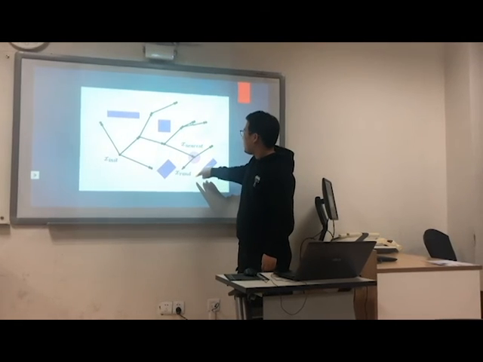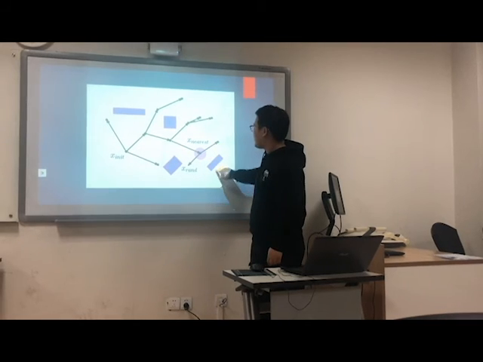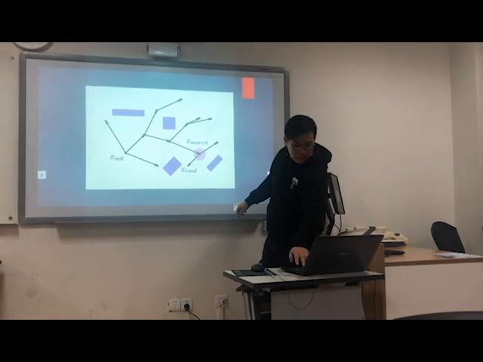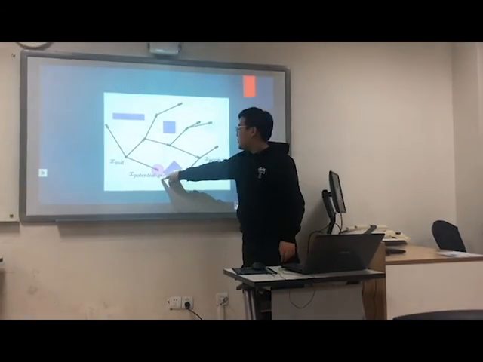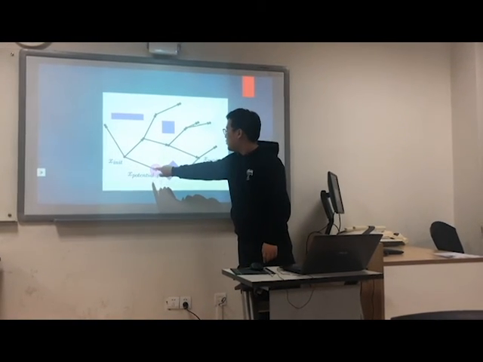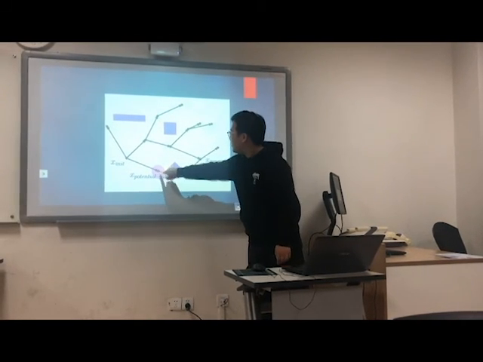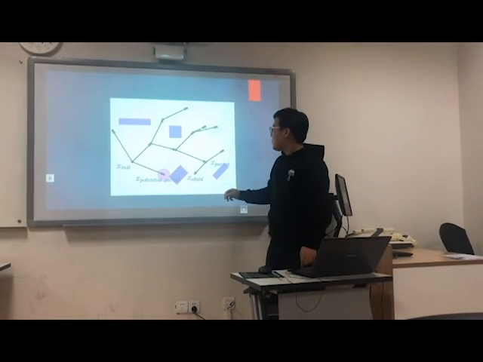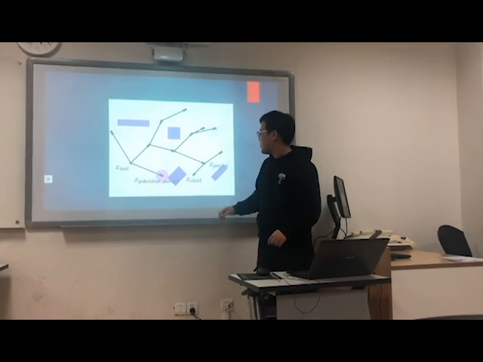So we need to search potential parent nodes around this parent node, like this one and this one. If we choose this one as the potential parent node, we need to connect these two. So this is the path between these two nodes, but there is a barrier between them, so we cancel this path.